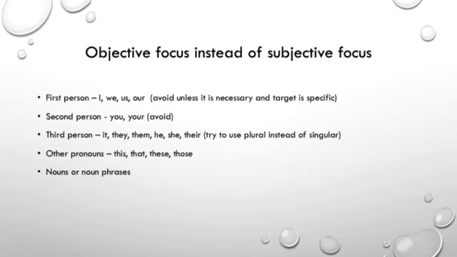And in many cases, we would change the subject with a verb into nouns. I will give you some more examples later. But for the time being, try to remember that if you use we or us or our, you might make your voice sound subjective, so we or us or our is used when you are talking specifically about yourself.